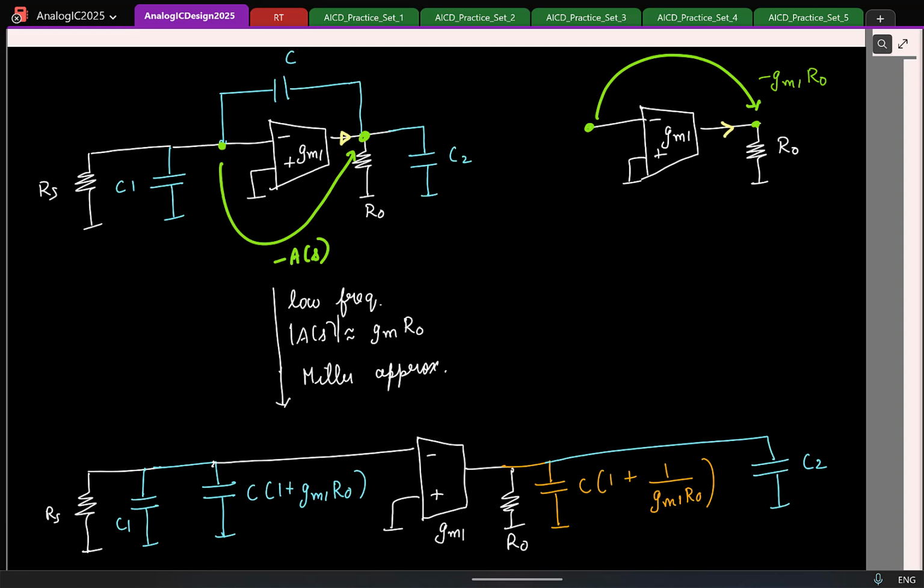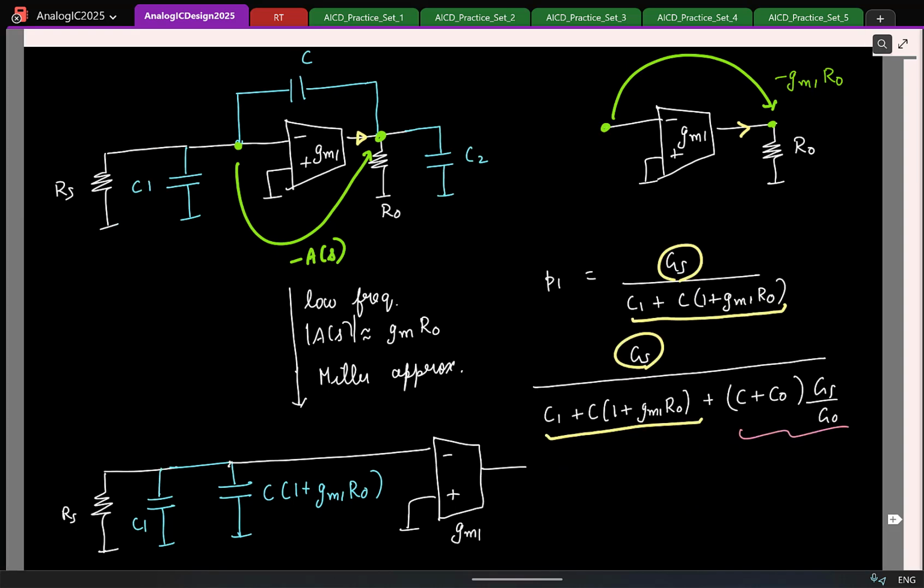We cannot. Why can't we do that? Because this is high frequency, and in high frequency you are considering that the capacitor is open. So what he is pointing out is the following. Remember, we actually did not use the Miller effect completely, but instead, what did we do here?